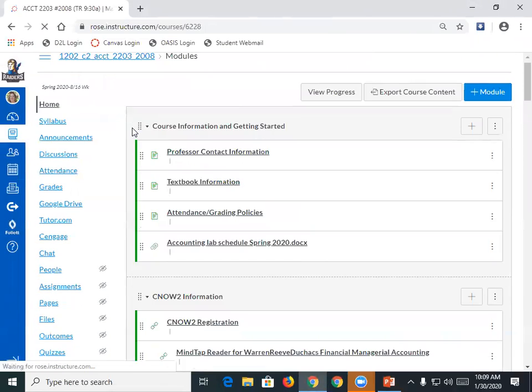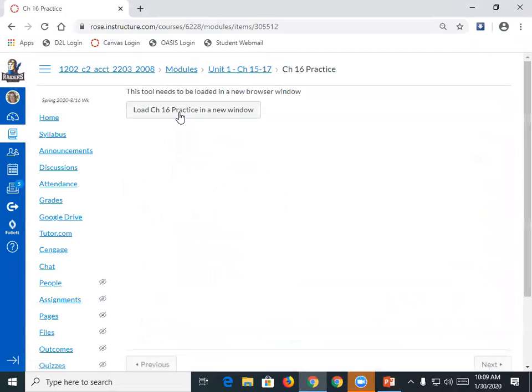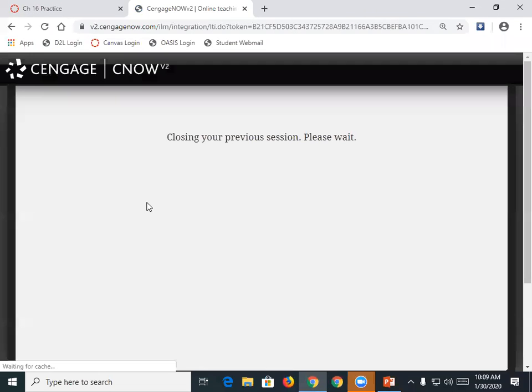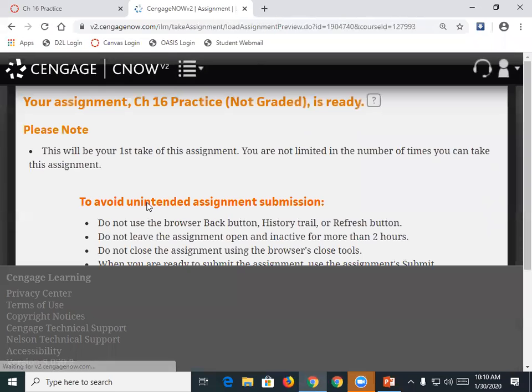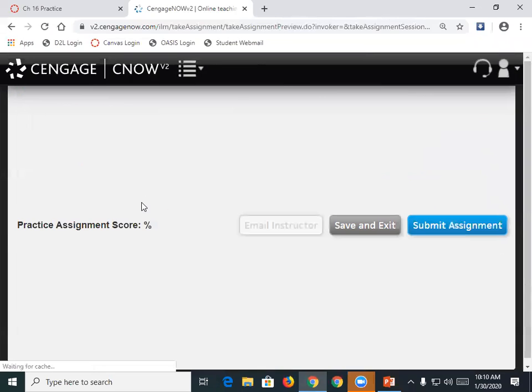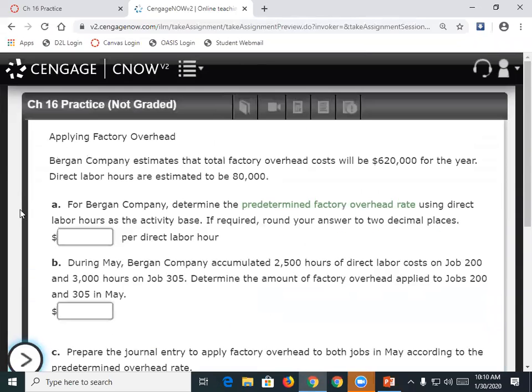So from Canvas, go ahead and open your chapter 16 practice. Okay, so this very first one is on applying factory overhead.